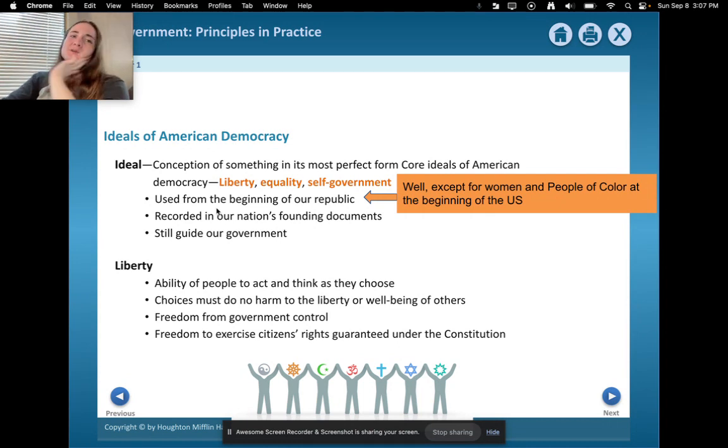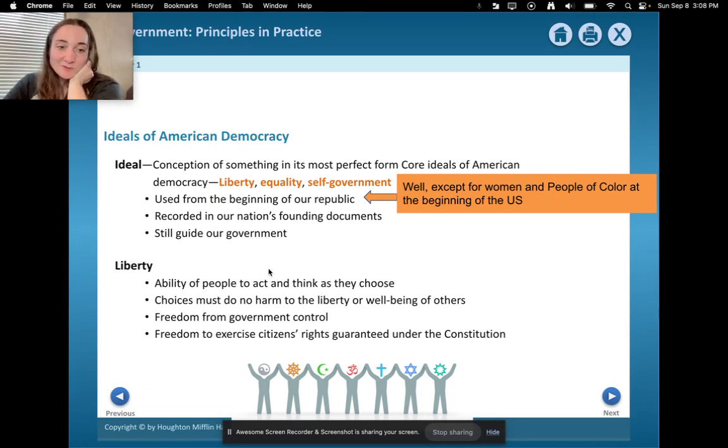That is not true at all, because if you even paid a little bit of attention in U.S. history, you would know that women and people of color at the beginning of the United States did not have these ideals. Also, these concepts were recorded in our nation's founding documents, like the Constitution and the Declaration of Independence, and today they still guide our government.